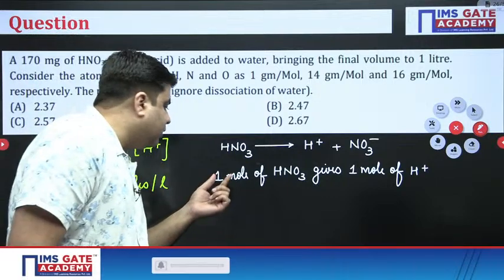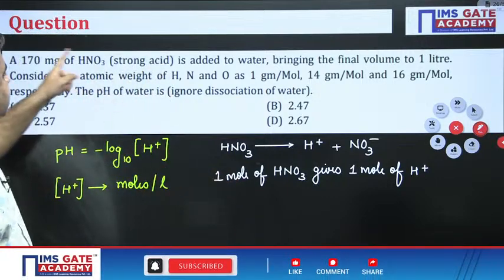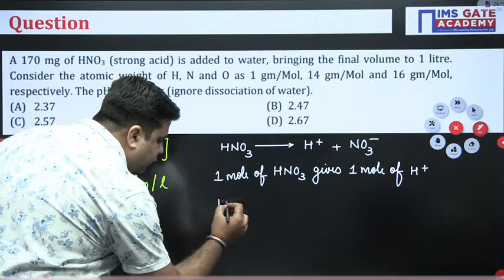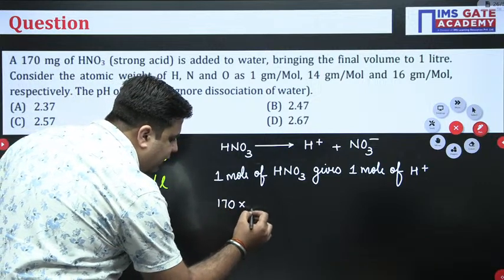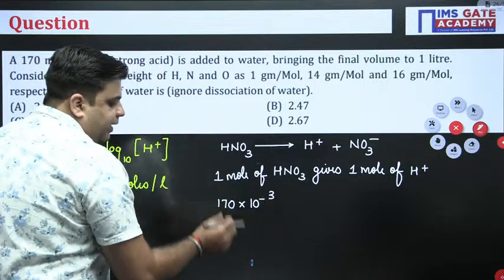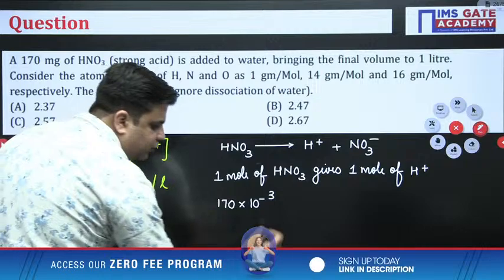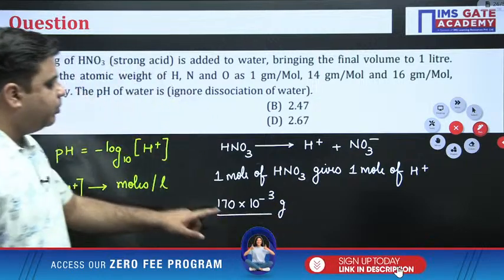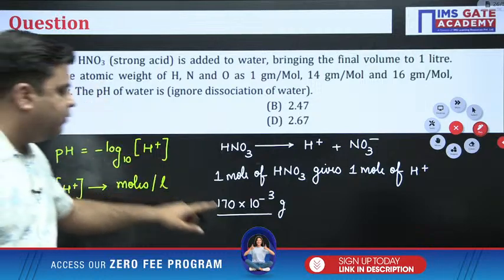Now calculate the number of moles of HNO3 that you have added here. Number of moles of HNO3 is 170 into 10 raised power minus 3, because 170 is in milligrams, so I have multiplied by 10 raised power minus 3, so this will be grams. Given weight divided by the molecular weight of HNO3 will give the number of moles.